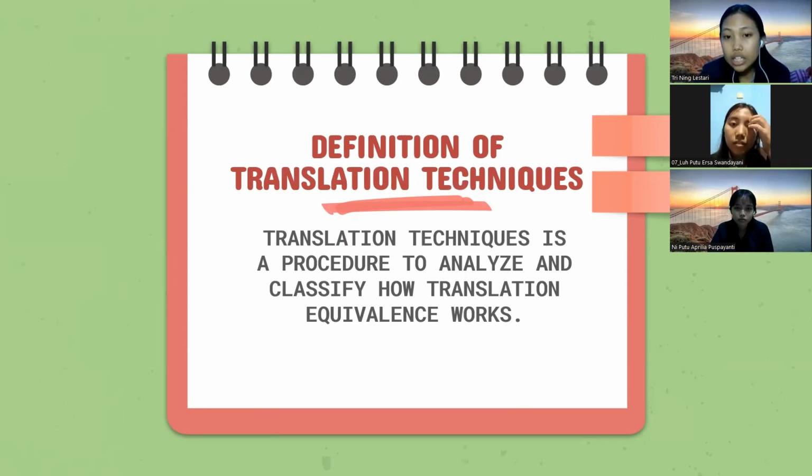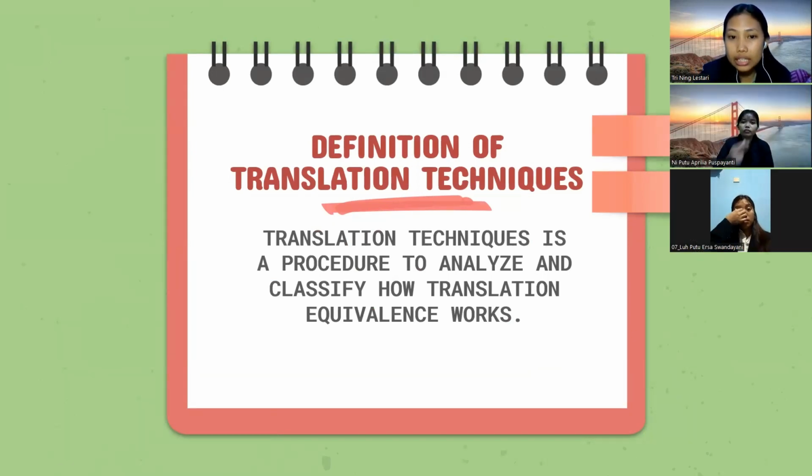Number one is the need to distinguish between method, strategy, and technique. Number two is the need for analysis and a functional concept of the translation technique. Molina and Albir also define translation technique as a procedure to analyze and classify how translation equivalence works.